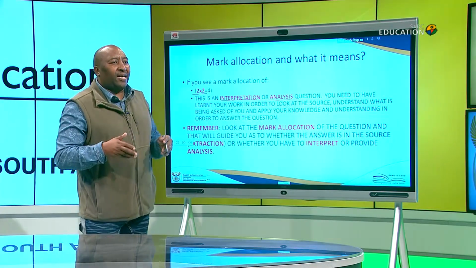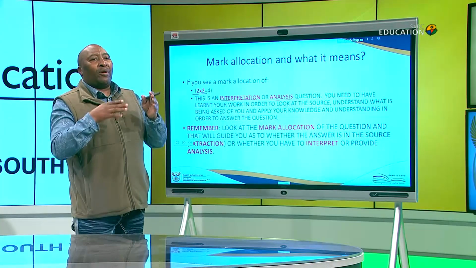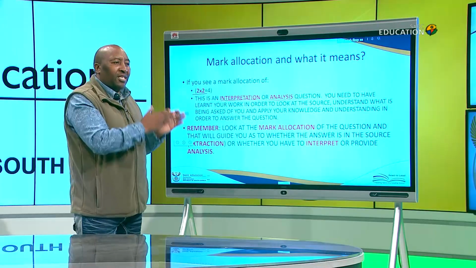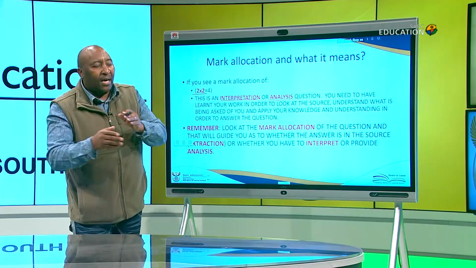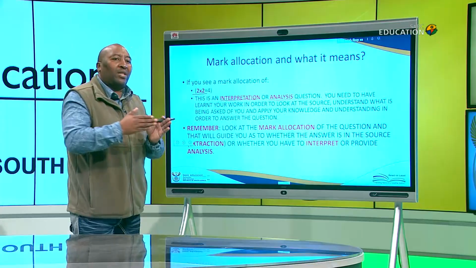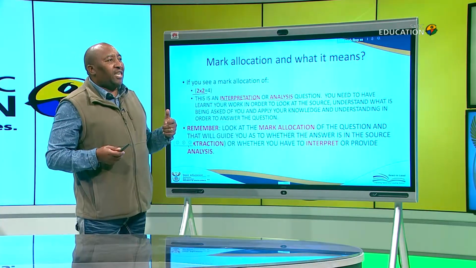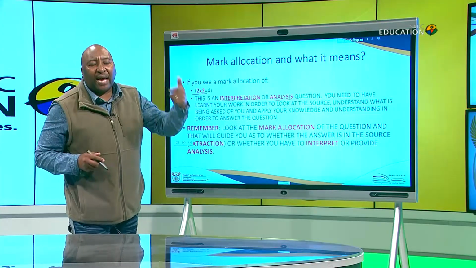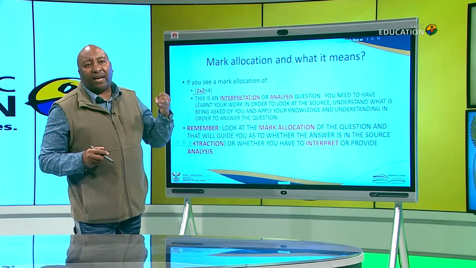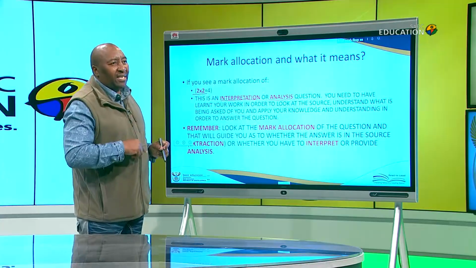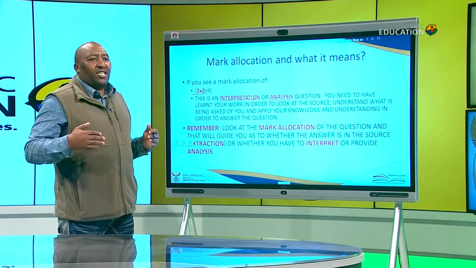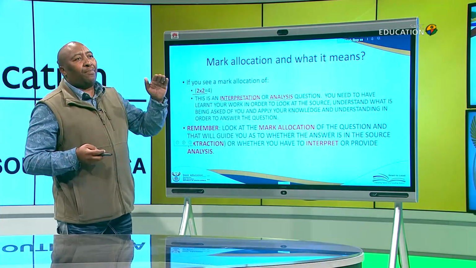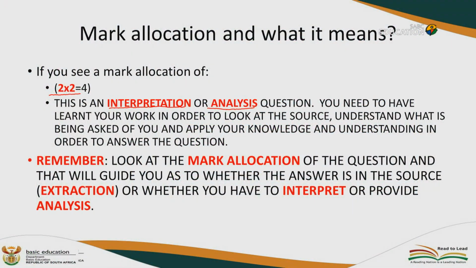History as a subject is a skill, we move from simple to complex. We move from general to specific, and we move from the known to the unknown. So questions must be answered in the way they vary according to their levels, level 1, level 2, and level 3. For you to master source-based questions, you need to understand how these levels are tabled and how they are asked in the examination.